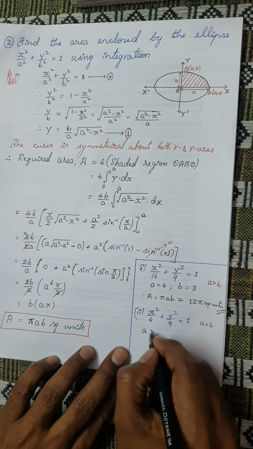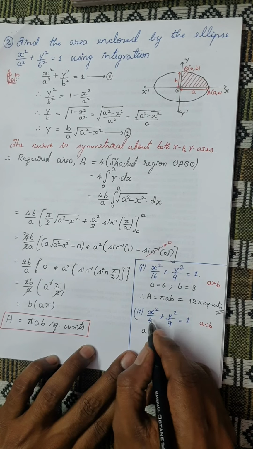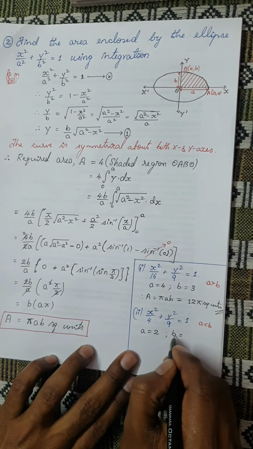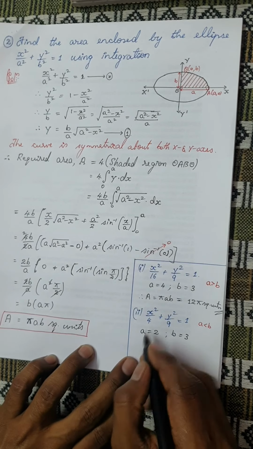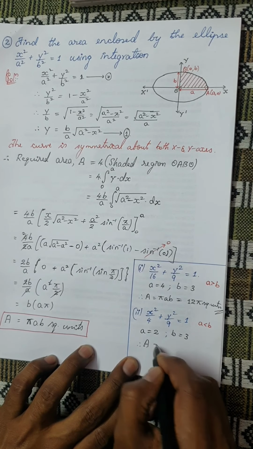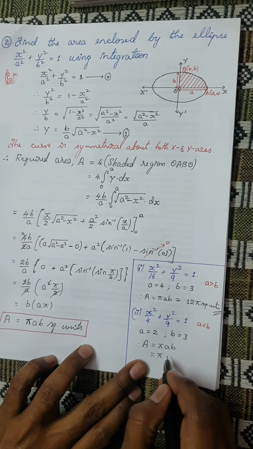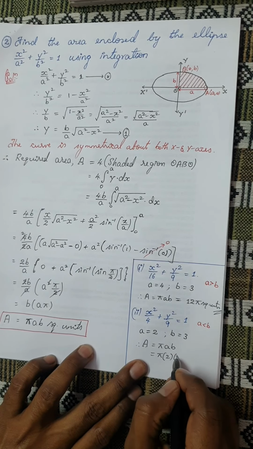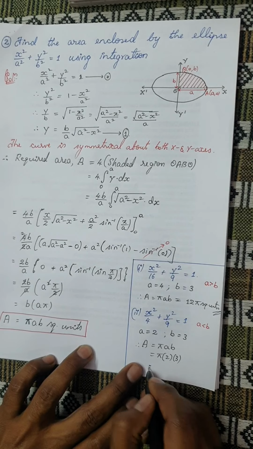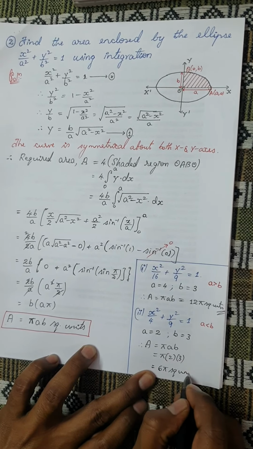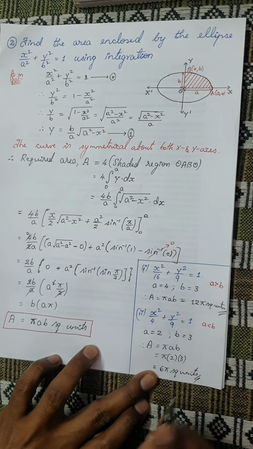Here A square is 4, so A would be 2, and B square is 9, so B would be 3. Therefore area of the ellipse would be pi into A into B. That is pi into 2 into 3, so 2 3s are 6 pi square units.